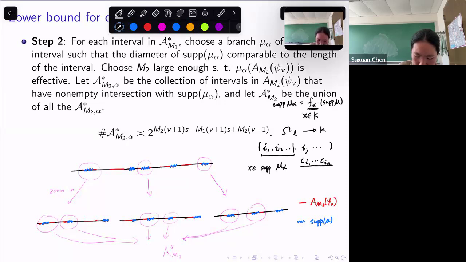We want this value times the diameter of the support of mu to be comparable to the length of intervals in A sub M1 star. So it is doable because we can truncate this x at some point to get this support, to get this mu alpha.